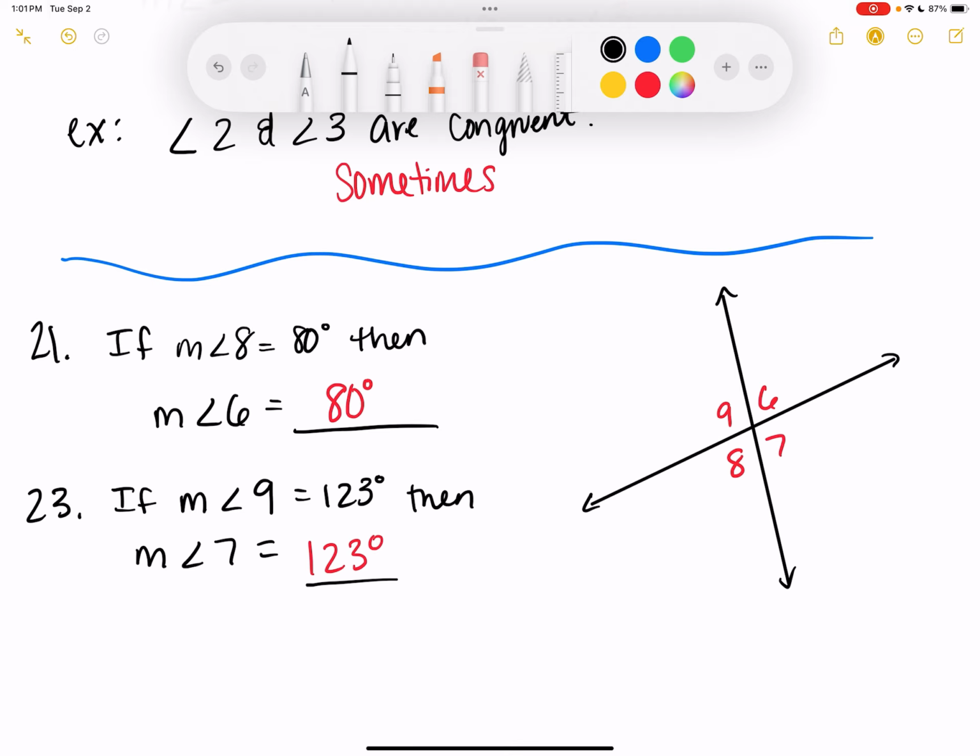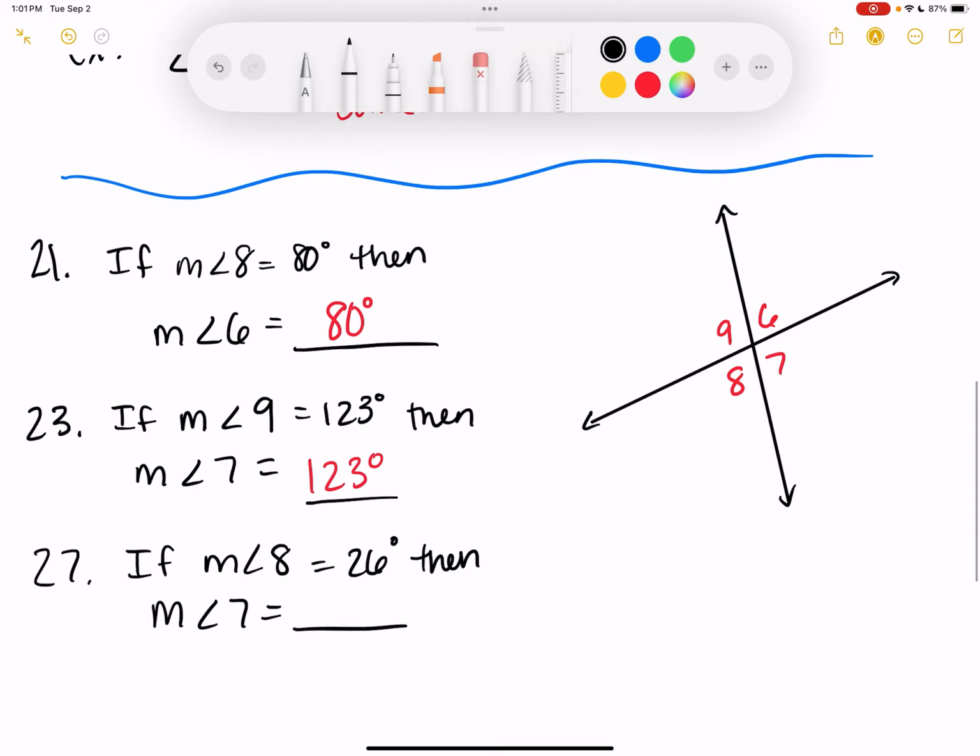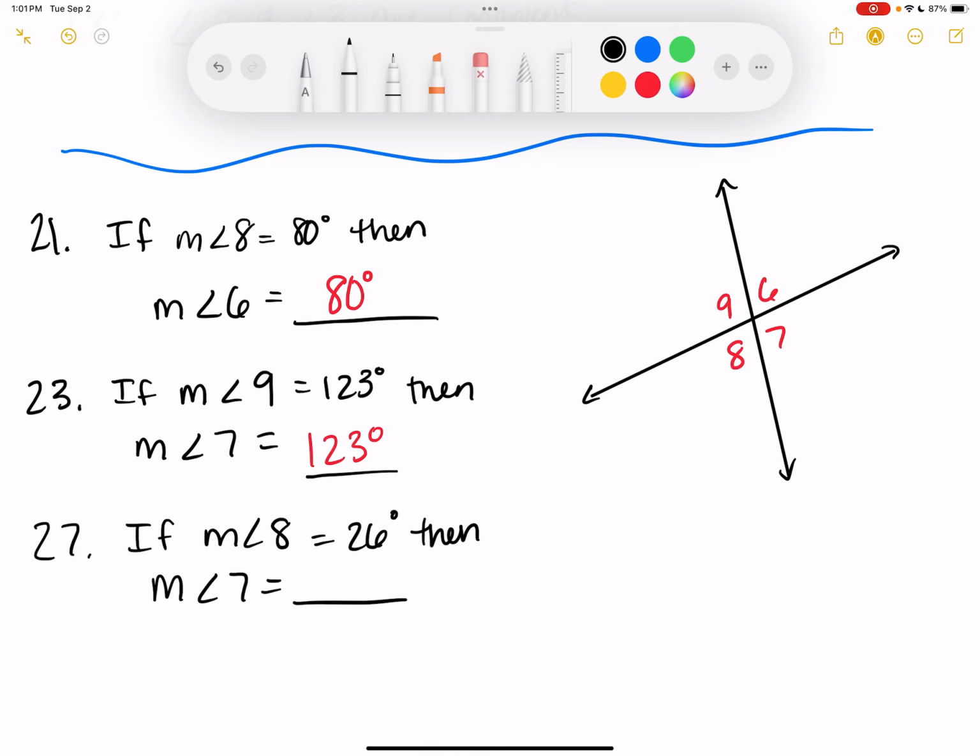27. If the measure of angle 8 is equal to 26 degrees, then the measure of angle 7 is equal to... So if this is 26 degrees, how would I go about finding angle 7? 180 minus 26.